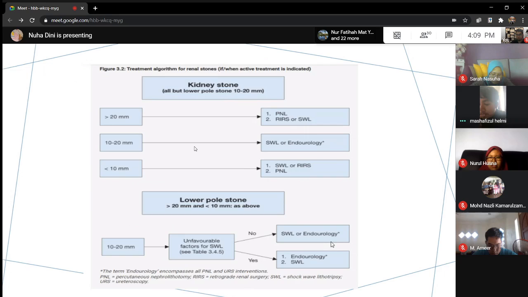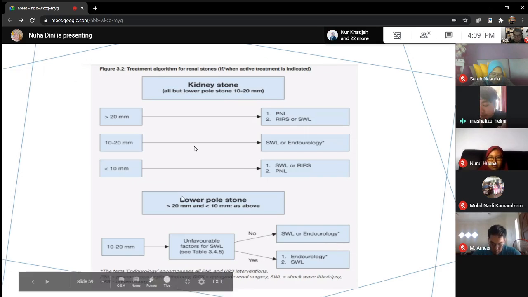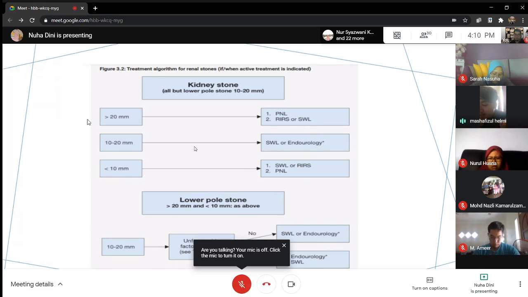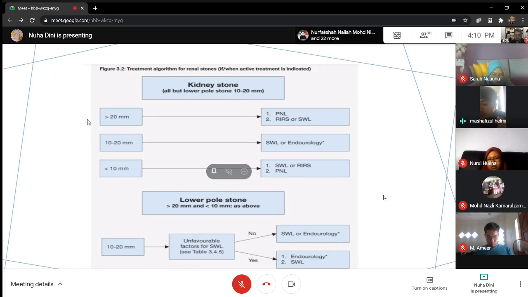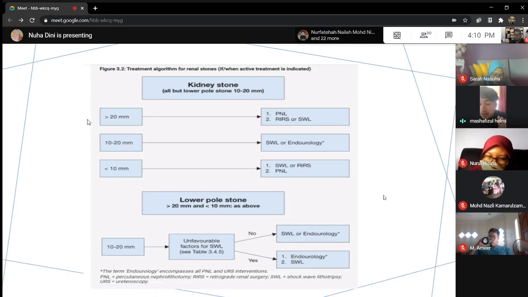For a kidney stone of more than 20 mm, we give PNL and also RIRS or SWL. For a stone measuring between 10 to 20 mm, we give SWL or endourology. Less than 10 mm, we give SWL or RIRS and also PNL.